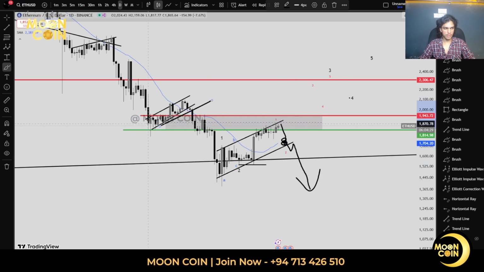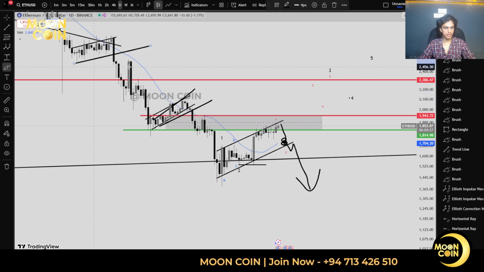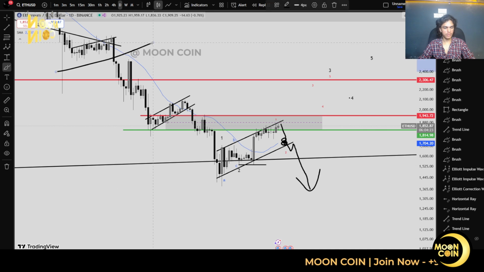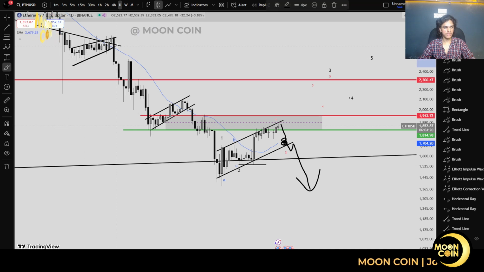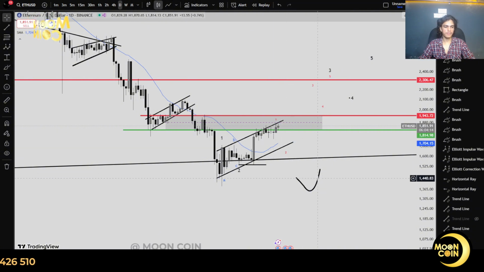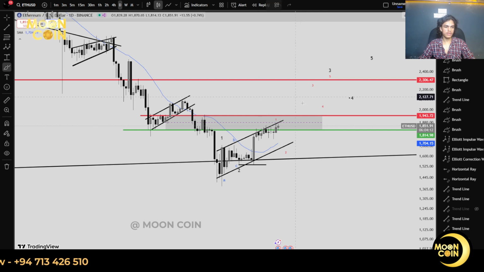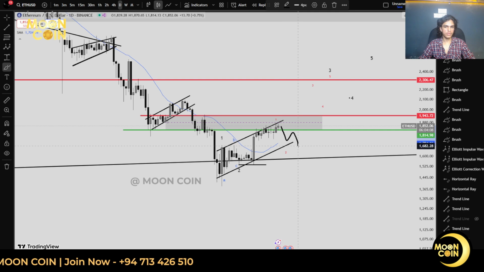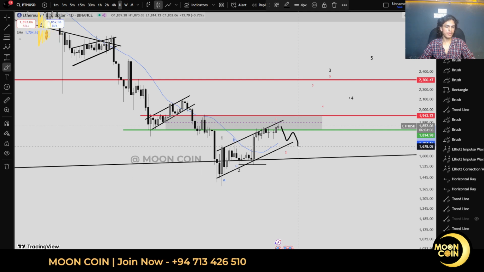You can see here we have this, and here also. Every time the market has done the same, so the same thing can happen, but this is low probable. For that to happen, we should wait and watch the market. The more probable scenario is bullish.